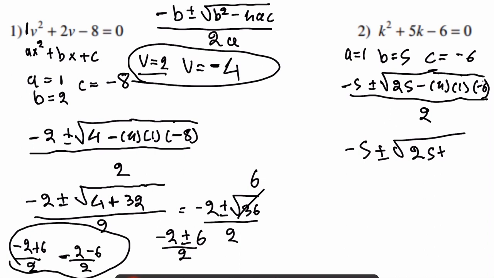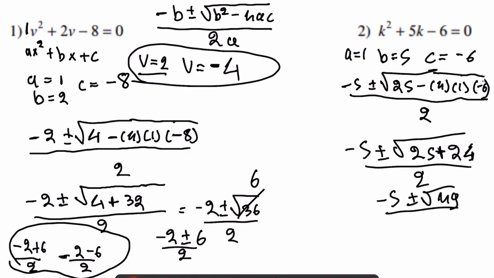So 25 plus 24 all over 2, which is negative 5 plus or minus the square root of 49 over 2. Square root of 49 is 7. So negative 5 plus or minus 7 over 2.